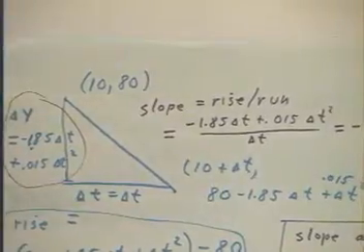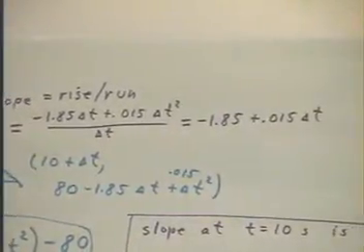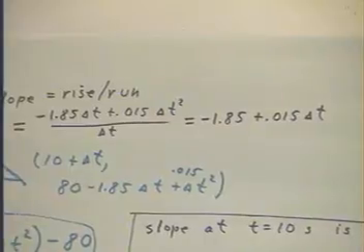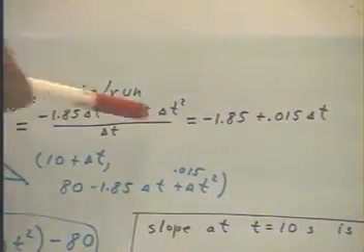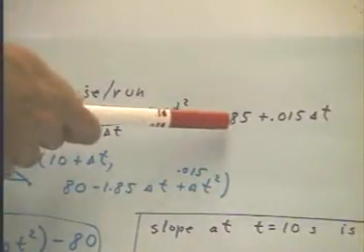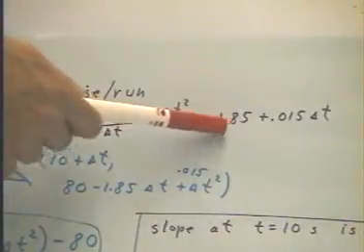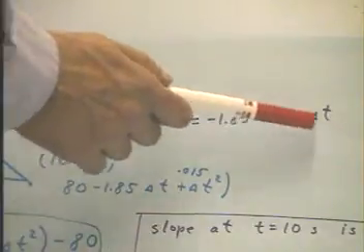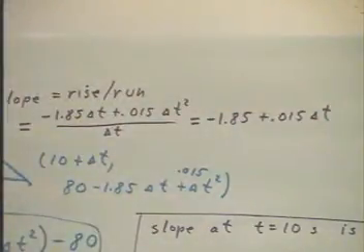And if we simply look to the right, we see the result of our slope calculation, and we see that the slope of this triangle, starting at the clock time t equals 10, is negative 1.85 plus 0.015 delta t.